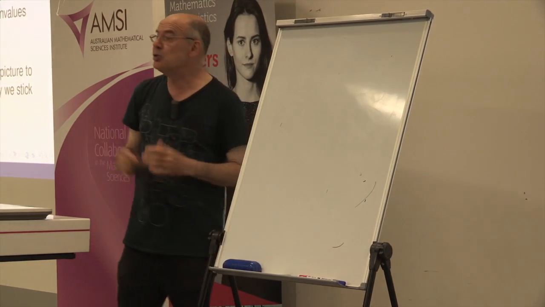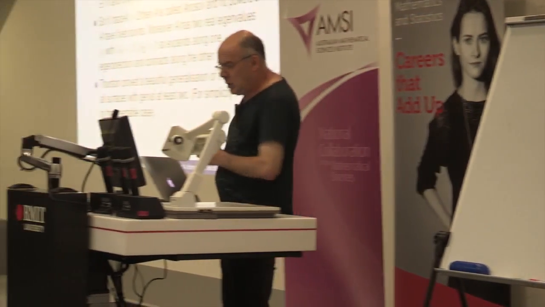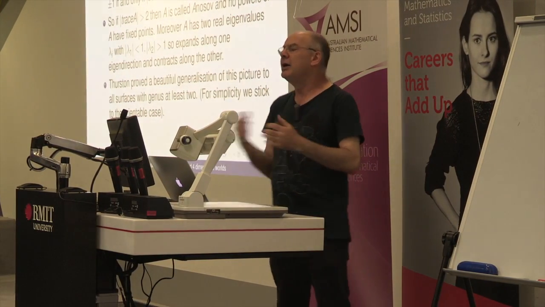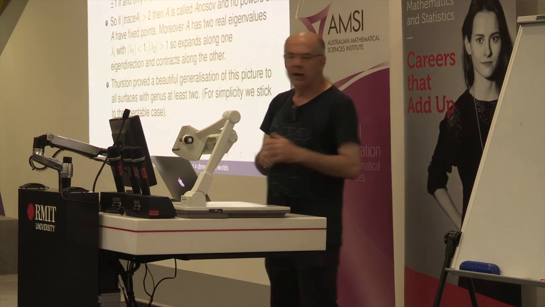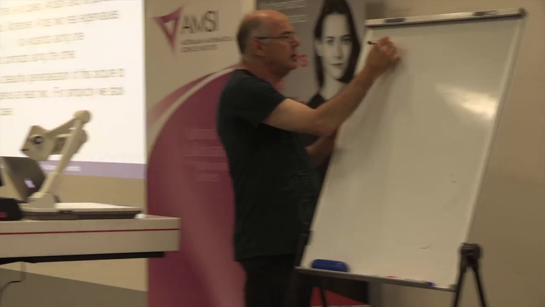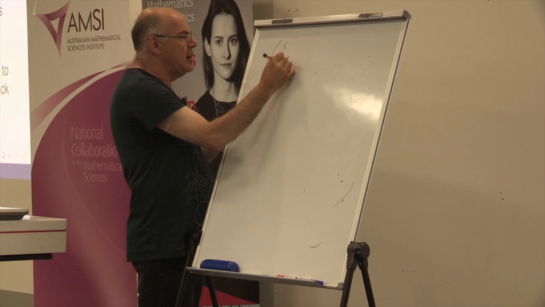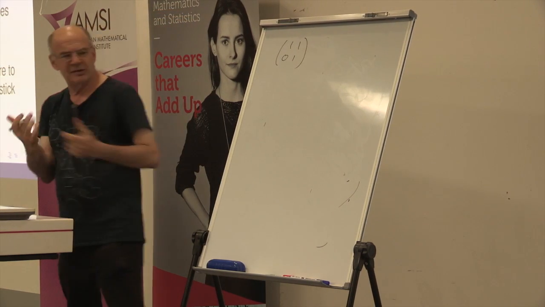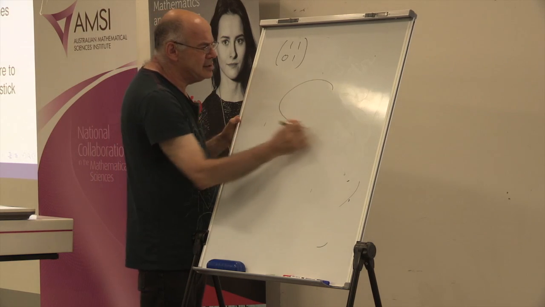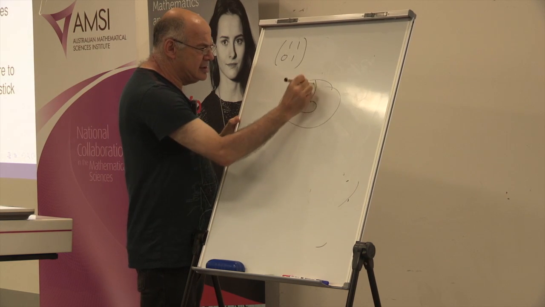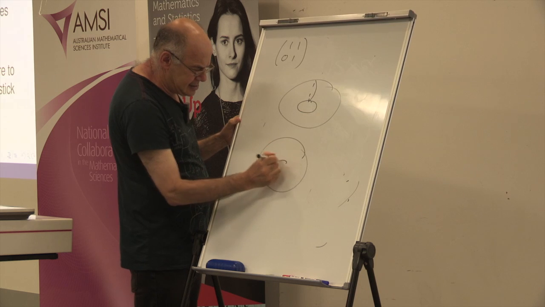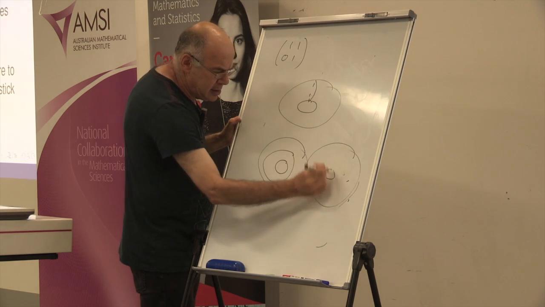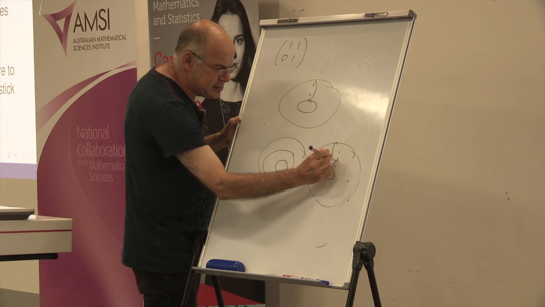If the trace is 2 or minus 2, what you get is either a fixed point or a power of a fixed point. Okay, because if we take something like this, this is the Dehn twist. This is the guy which takes circles running this way and transforms them to a circle which does this.